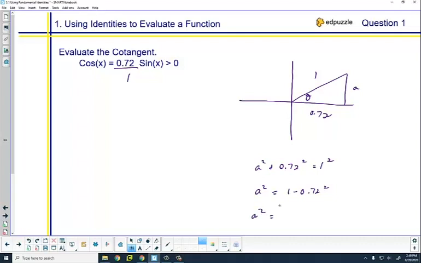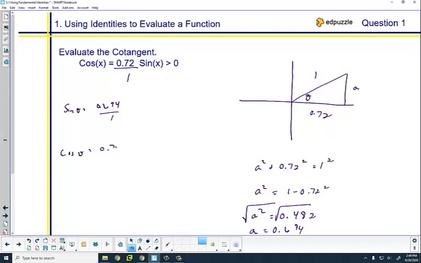So 1 minus 0.72 squared, we get 0.482. Take the square root of both sides. We get 0.694. So we have sine is 0.694 over 1.